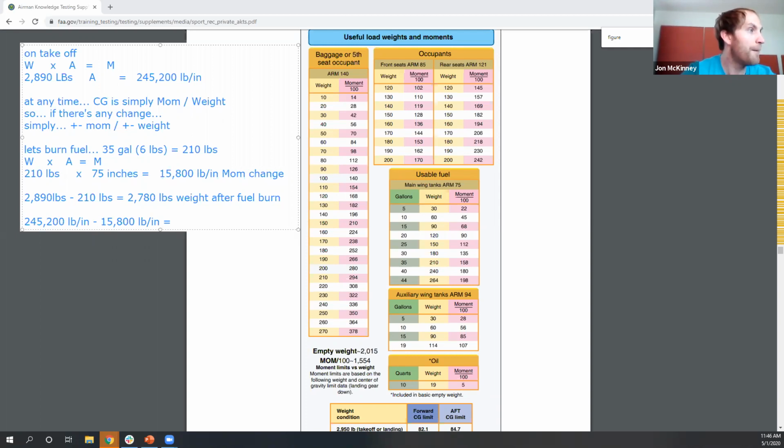So the moment after fuel burn, just use the calculator, 245,200 subtraction sign 15,800. Gets to be 229,400. And that will be my pound-inches moment after the fuel burn.